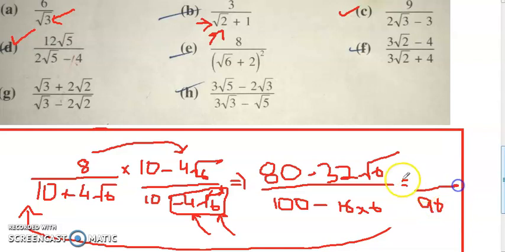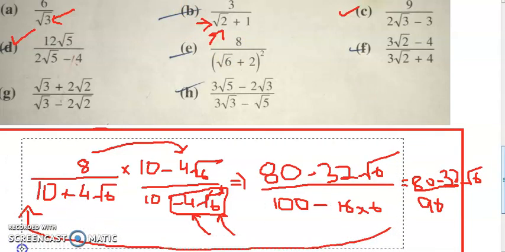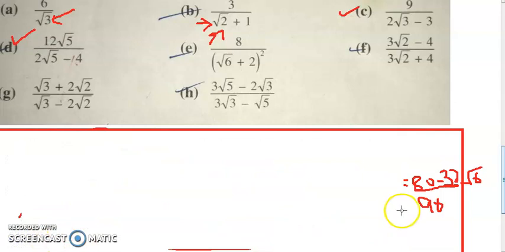The value on top is 80 minus 32 under root 6, right? So now, originally you would think that the question is complete. However, it is not, because we can simplify this further, as 96, 80 and 32 all are divisible by 4, right?